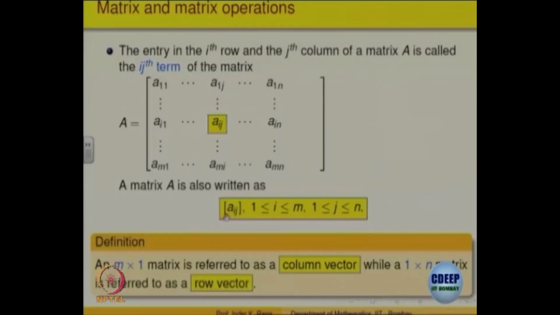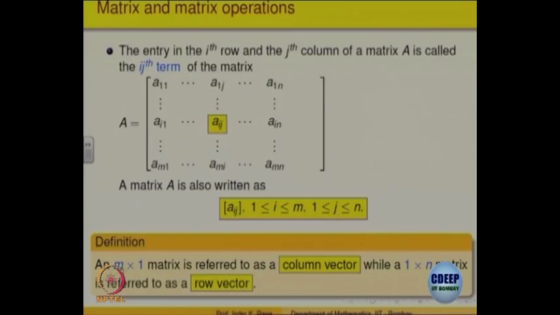Sometimes, if you are not really interested in the numbers, but you are interested in the matrix as such, as a quantity, you write it as aij, where i varies over the number of rows m and j over the number of columns n. Sometimes this is important and useful.